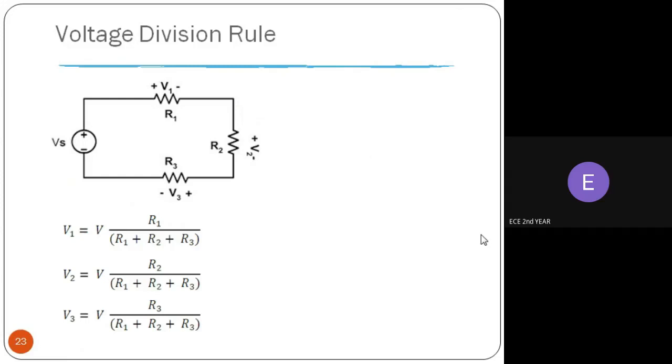On the whole, this formula can be written in a common manner: individual voltage drop is equal to total voltage into individual resistance divided by the total resistance. So we can calculate the individual drop across each and every element.